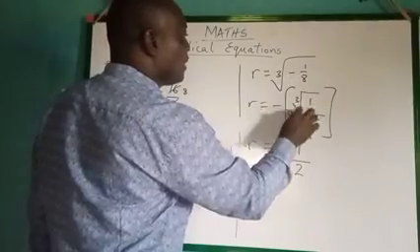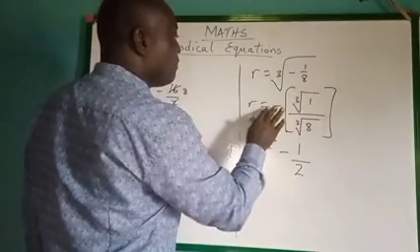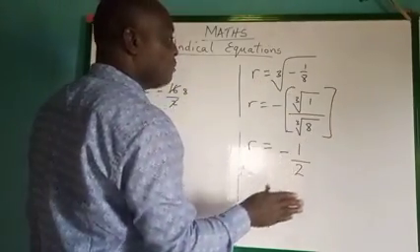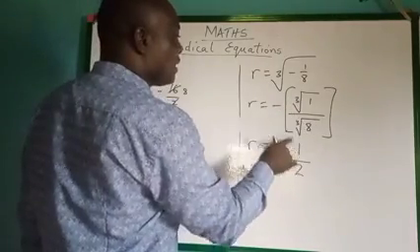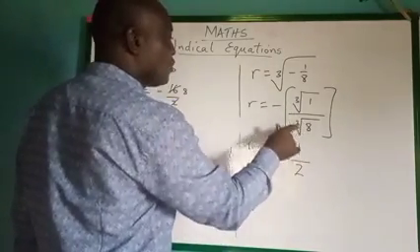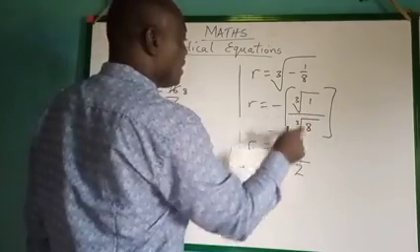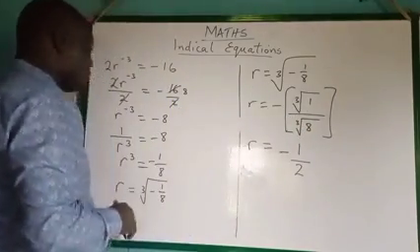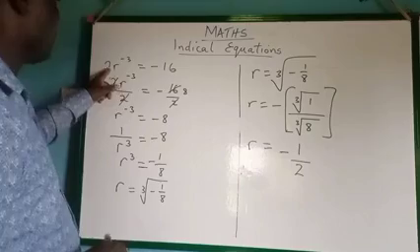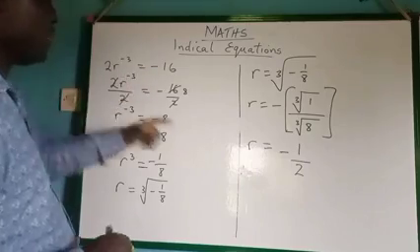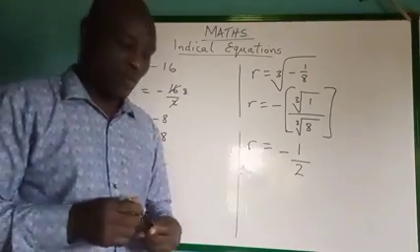So root 3 of 1, root 3 of 8. The minus is common to both of them. So root 3 of 1 is 1, the third root of 8 is 2. So from this equation, r is equal to minus 1 over 2.